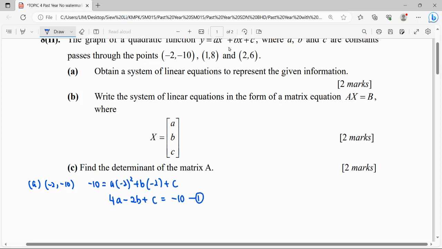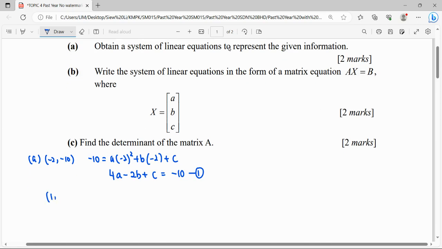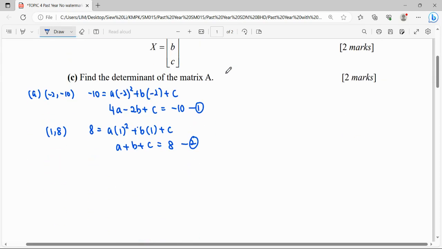Meanwhile, for the second point, (1, 8), the y value is 8 and the x value is 1. When we simplify, we get a plus b plus c equals 8, the second equation. Then for the third point, (2, 6), the y value is 6 and the x value is 2.